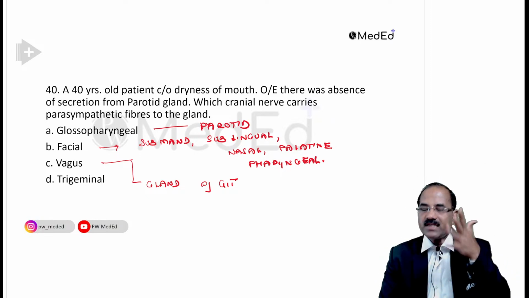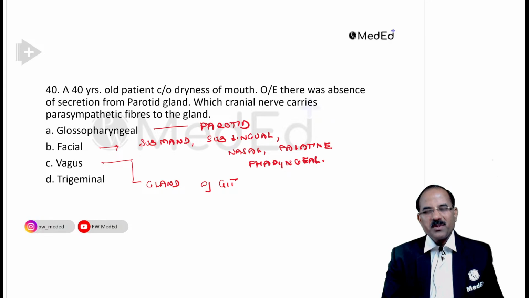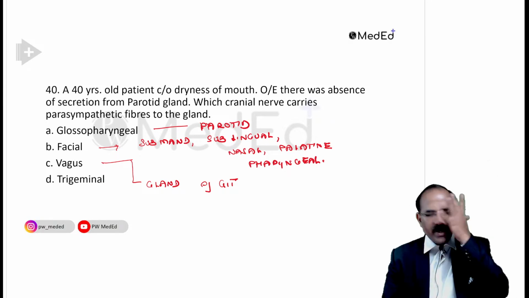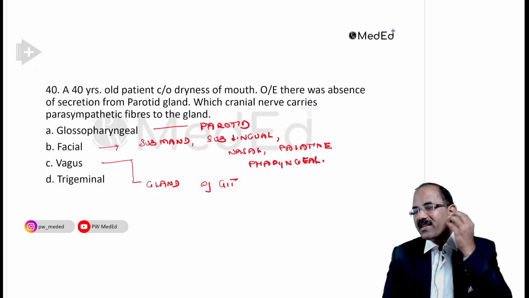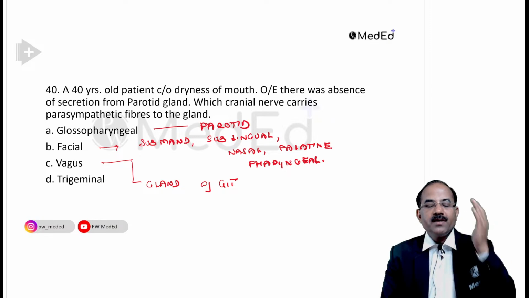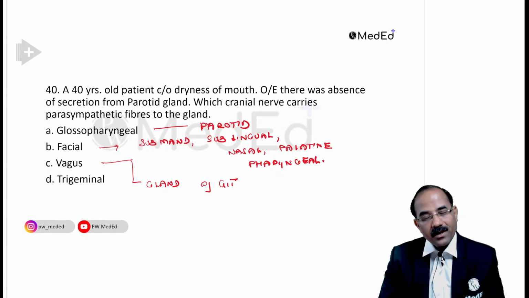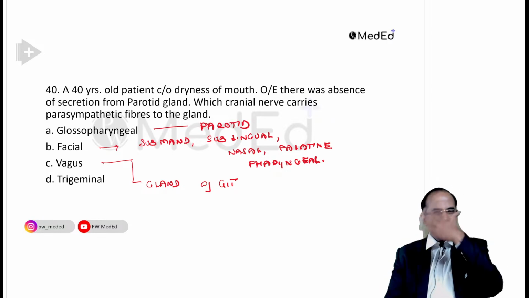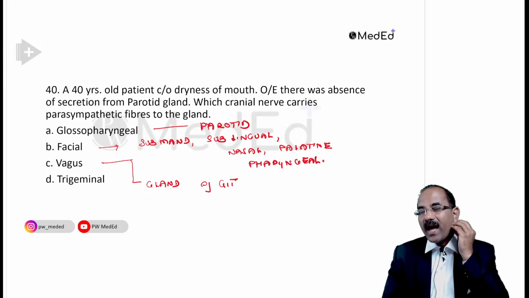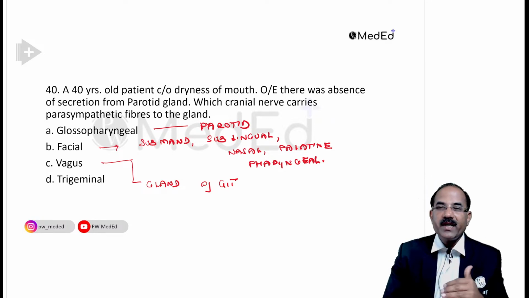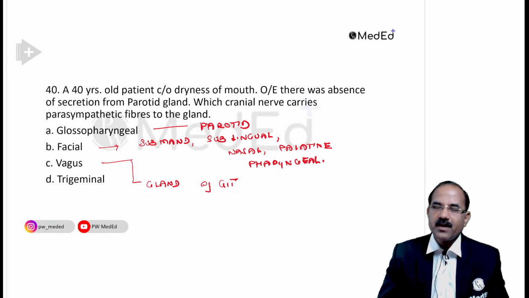The sensations from the entire face are carried by the trigeminal nerve except the skin over the angle of mandible. This is supplied by the greater auricular nerve. You know this, right? This is a very important MCQ. The greater auricular nerve is a branch of the cervical plexus.